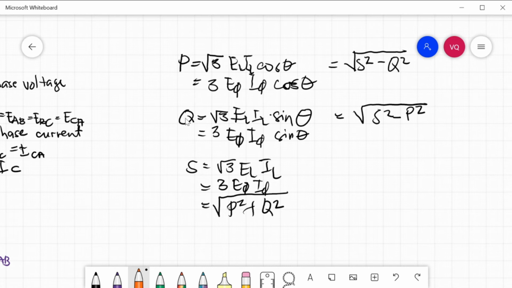And Q is our reactive volt ampere: square root of 3 ELIL sine theta, 3 times E phase I phase sine theta, and square root of S squared minus P squared. Apparent power is square root of 3 ELIL, 3 times E phase times I phase, and square root of P squared plus Q squared.